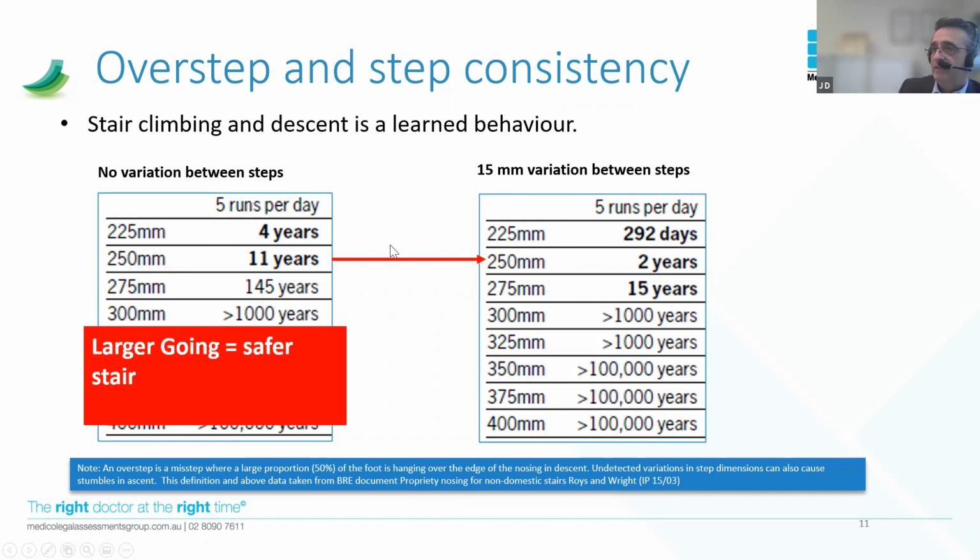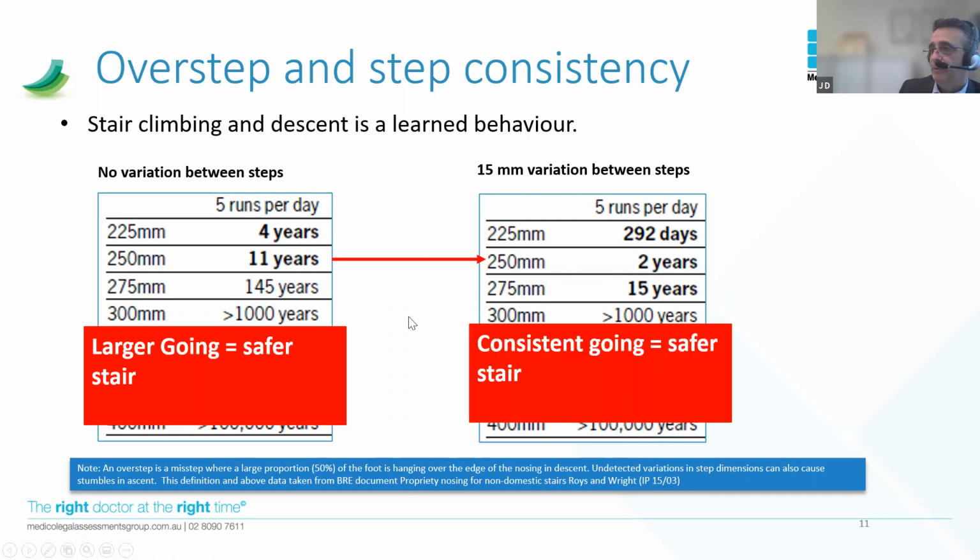So you can see here a small variation, which typically isn't visible to a person descending, in terms of they won't be able to identify a variation of 15 millimeters by just looking down at the steps. You can have a significant increase in the risk of an overstep and the risk of a slip and fall. So consistent going dimensions basically means you're going to have a safer stairway. So there's the difference in risk, 5 times increased risk of a fall.